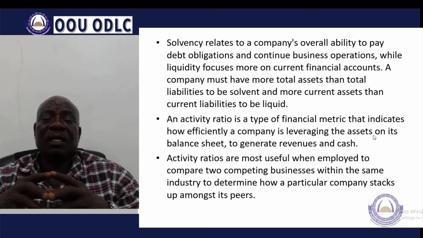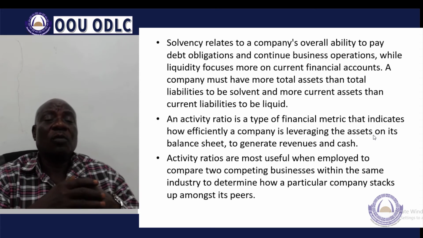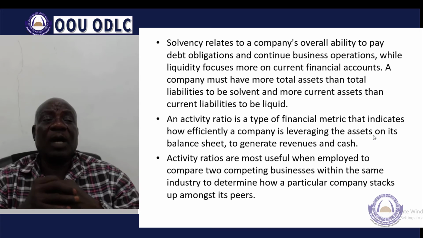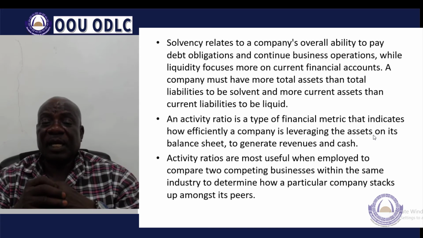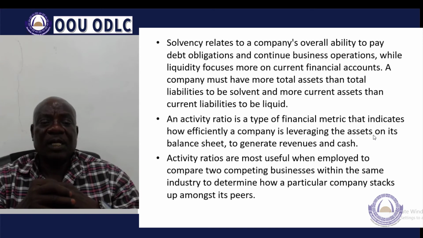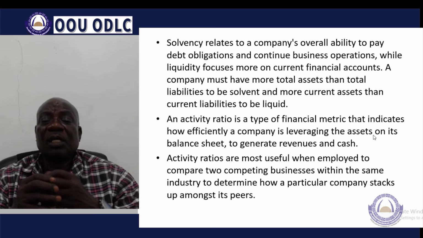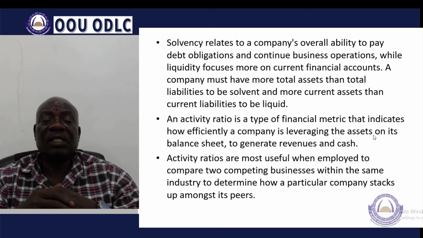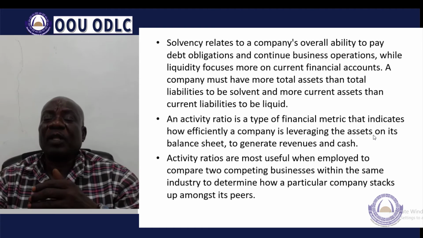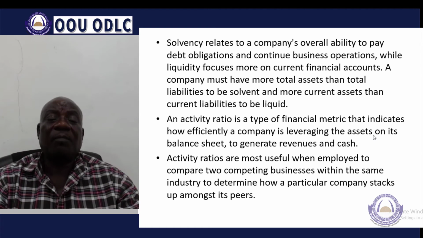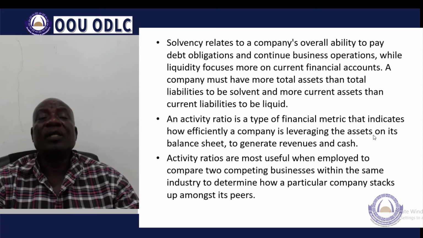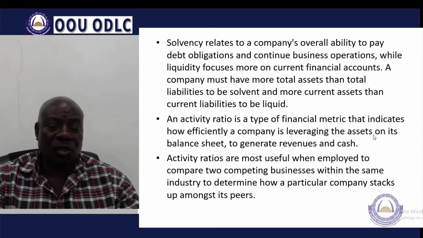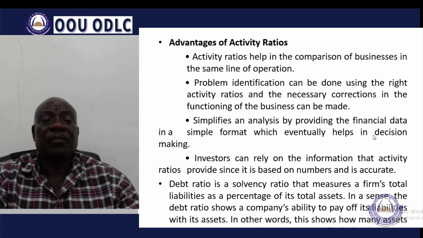It can be used to know whether a company is looking for outside capital rather than inside capital. Activity ratios are also useful when you are comparing two competing businesses within the same industry, to determine how a particular company stacks up among its peers. So it's very, very important.